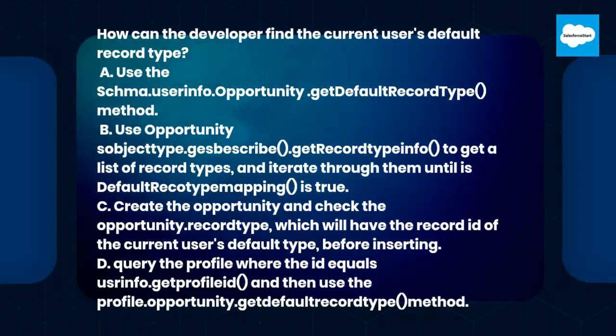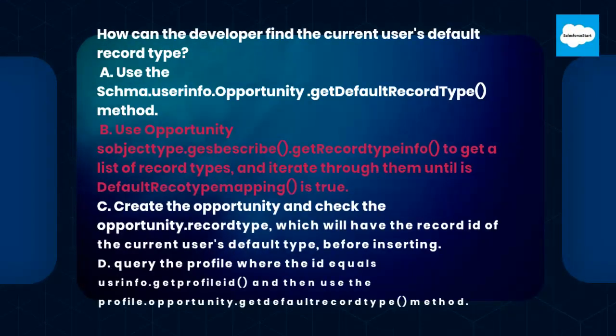A. Use the Schema.UserInfo.Opportunity.getDefaultRecordType method. B. Use Opportunity.SObjectType.getDescribe().getRecordTypeInfos() to get a list of record types, and iterate through them until isDefaultRecordTypeMapping is true. C. Create the opportunity and check the Opportunity.RecordType, which will have the record of the current user's default type, before inserting. D. Query the profile where the Id equals UserInfo.getProfileId() and then use the Profile.Opportunity.getDefaultRecordType method.